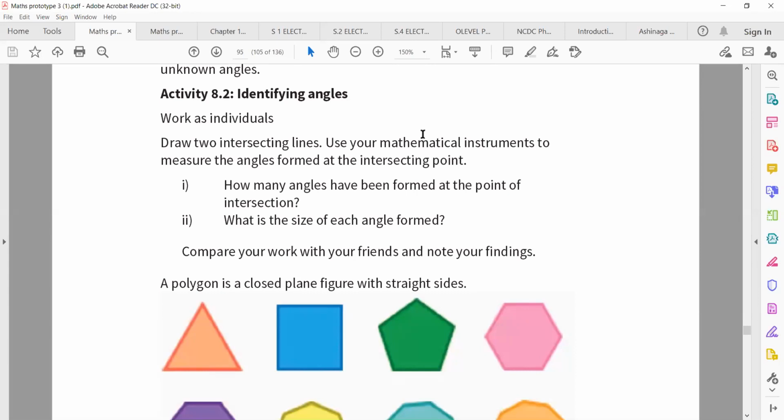Basically, I think they're supposed to be meeting at a given point. And you can draw them in different directions. You can even draw perpendicular lines as long as they're crossing each other. It depends, as long as you have a point of intersection with those 2 lines.